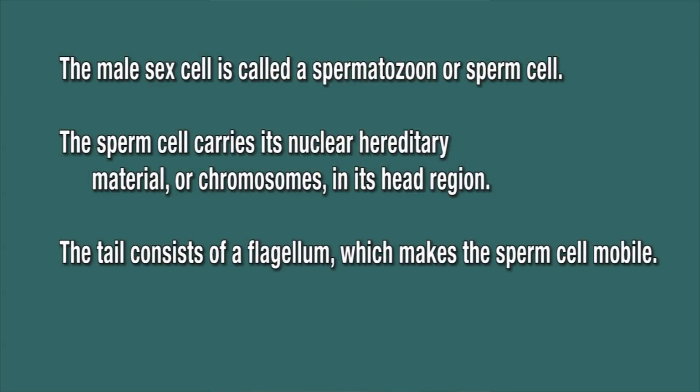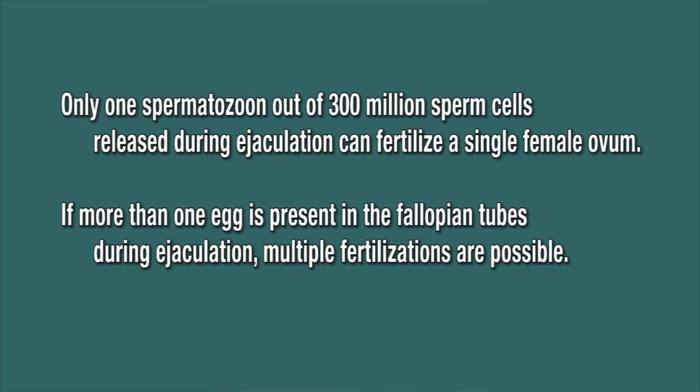For the male reproductive system, it's fair to start with understanding the male sex cell, which we call spermatozoa, or the sperm cell. The sperm cell carries all the hereditary material, or chromosomes, in the head region. The tail is made up of flagellum, or flagella, which makes the sperm cell mobile. Only one spermatozoa out of 300 million sperms released during ejaculation can fertilize a single female gamete, or a single female ovum.